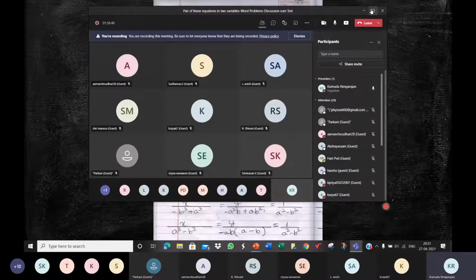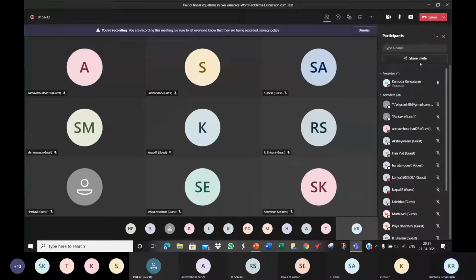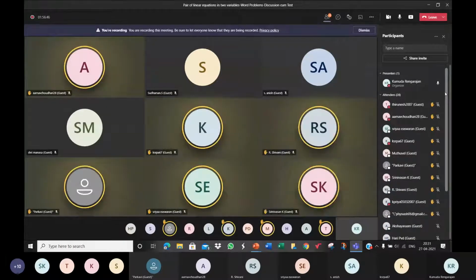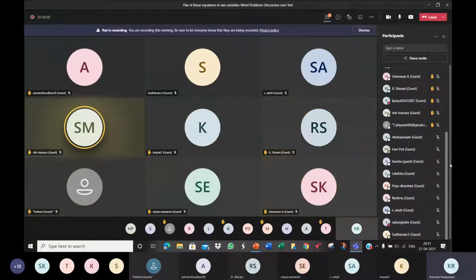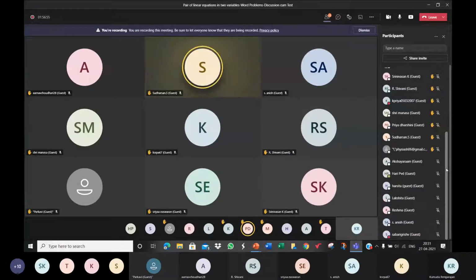Class, use the emoji. Raise your hands. Aksharam, Hariharan, Harshita, Lakshita, where are you? Class, use the emoji. Raise your hands.